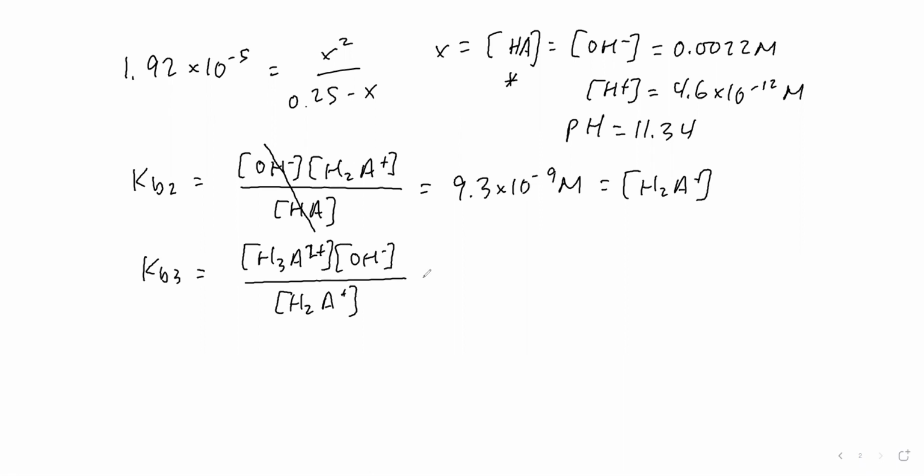Then we move things around before we do any plugging in of numbers, so we can isolate the concentration of H3A2+. We remember that the value for OH minus is x, and that the value for H2A+ from the previous calculation is Kb2.